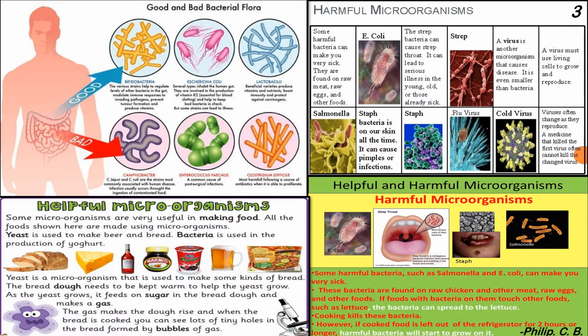Now moving to the next slide, again I added another slide of good and bad bacterial flora which you are going to learn in detail in this chapter. So for your knowledge, if you see here, the microorganisms can be useful and harmful.